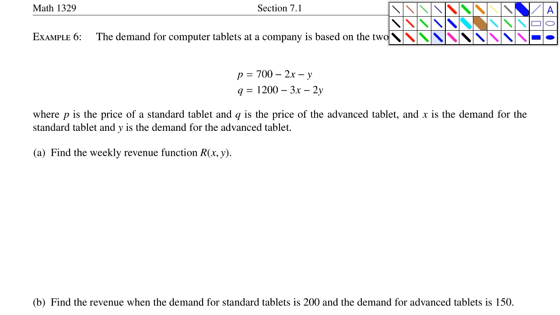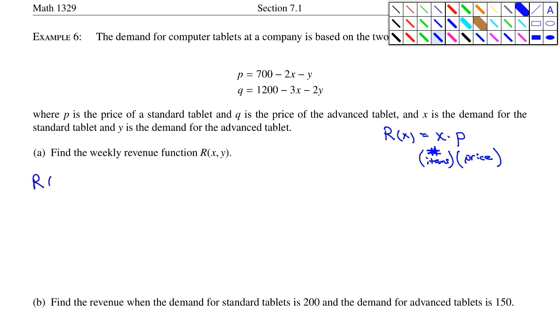Question A. Find the weekly revenue function R of X comma Y. In the past we had R of X is equal to X times P, where X was the number of items, and P is the price. Well, we have the same thing now, but we just have to add in another version of that.